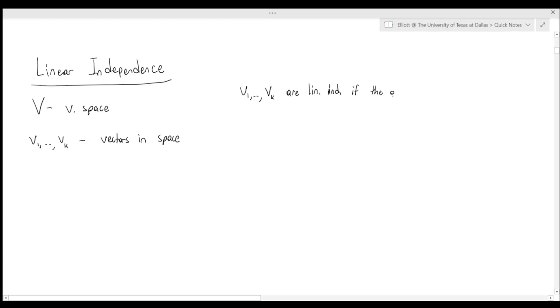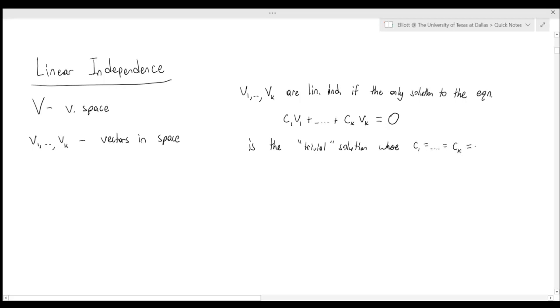I'll write it as, if the only solution to the equation c1v1 + c2v2 all the way to ckvk = 0 is what some people call the trivial solution, where all of the coefficients are equal to 0.